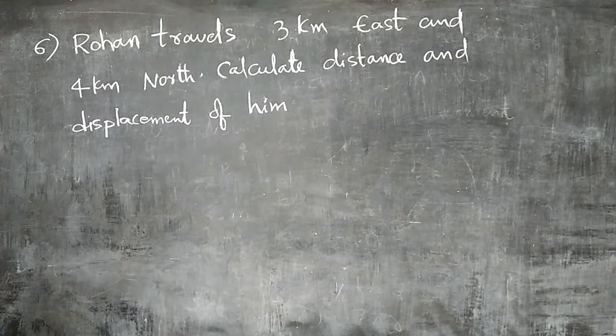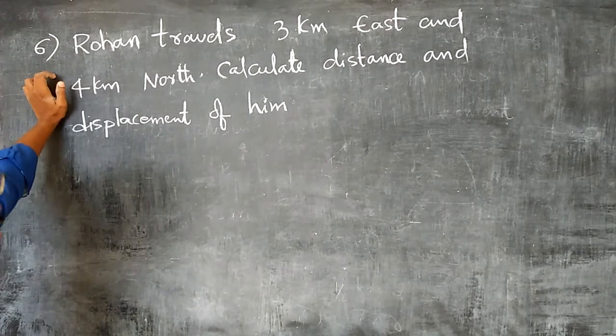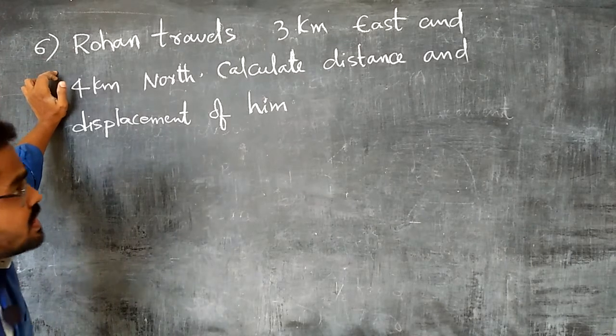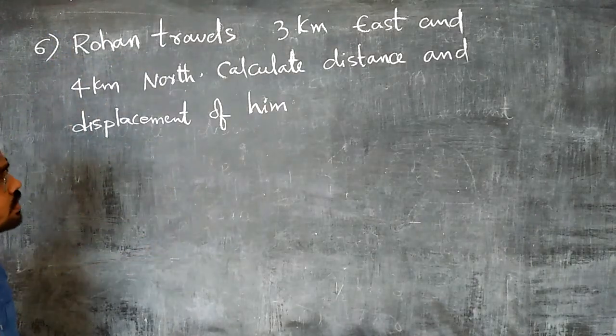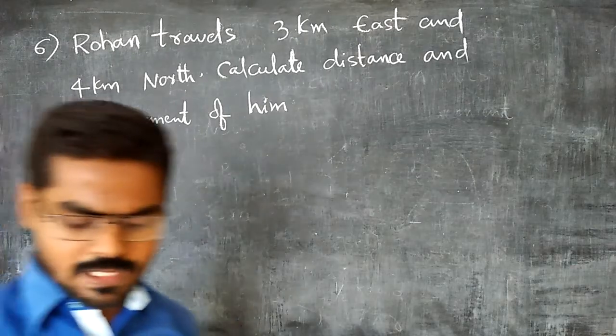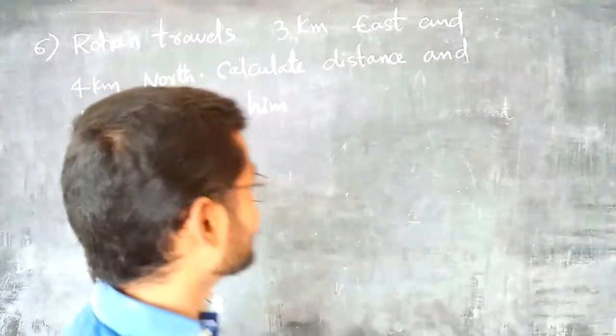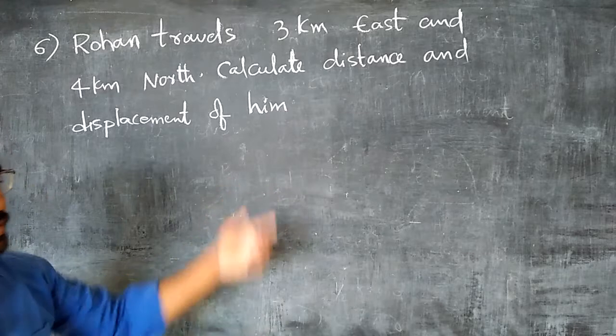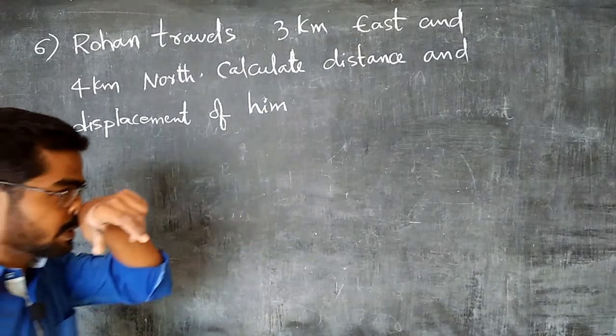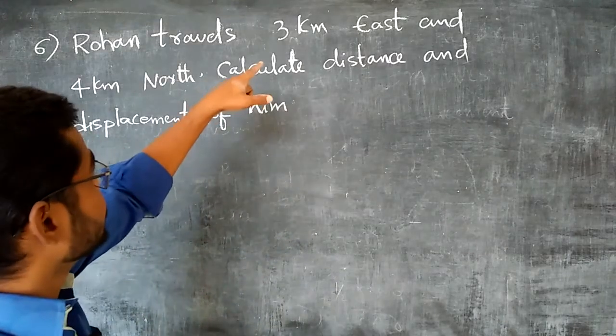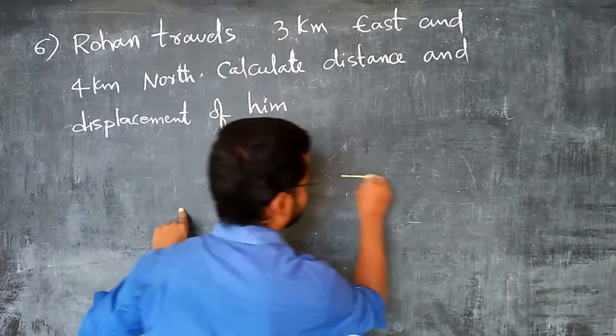Now here we go with another question. The question is: Rohan travels 3 kilometers east and 4 kilometers towards north. Calculate the distance and displacement of Rohan. So how to calculate? It is very simple. You take the directions. So 3 kilometers towards east.